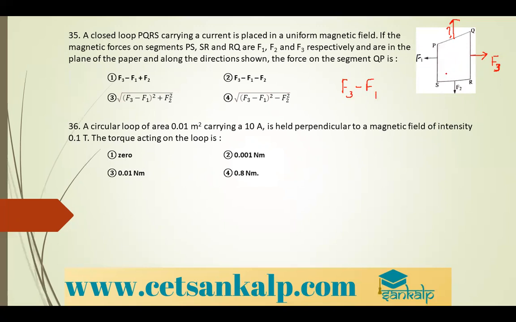That is the resultant of F3 and F1. Now the resultant F3 minus F1 and F2 are at right angle, correct?